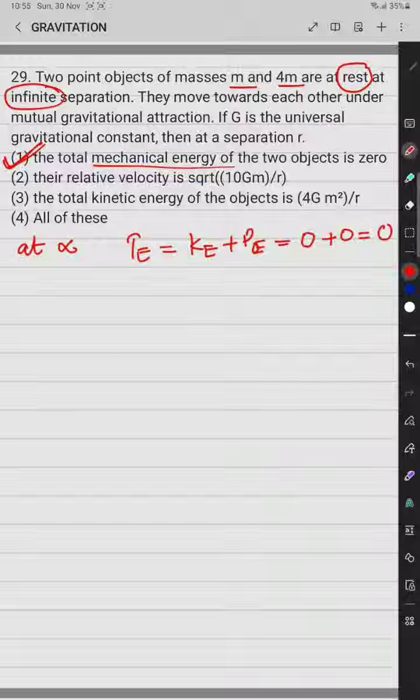But the relative velocity is square root of 10 GM by r. The kinetic energy of the object is 4 GM square by r when the separation is small r.